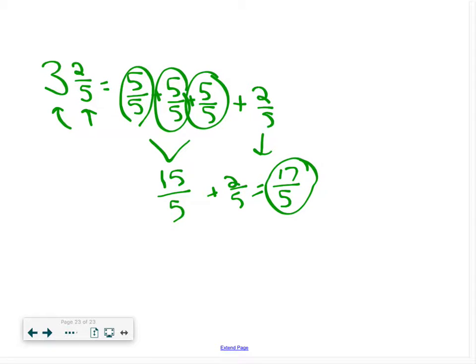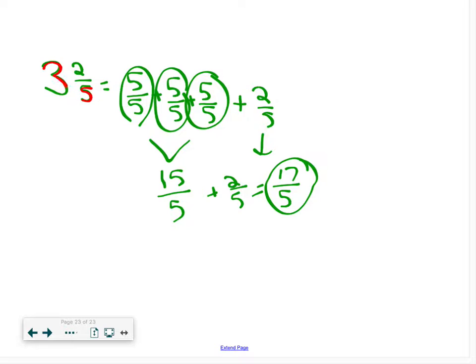Just like with improper fractions, there is an algorithm that you can use instead of drawing this out every time, but I need you to make sure that you understand why this algorithm works. Instead of pulling all of these 5/5 out, if you look at this problem, if I have 2/5, I know that every pizza is cut into fifths, right?